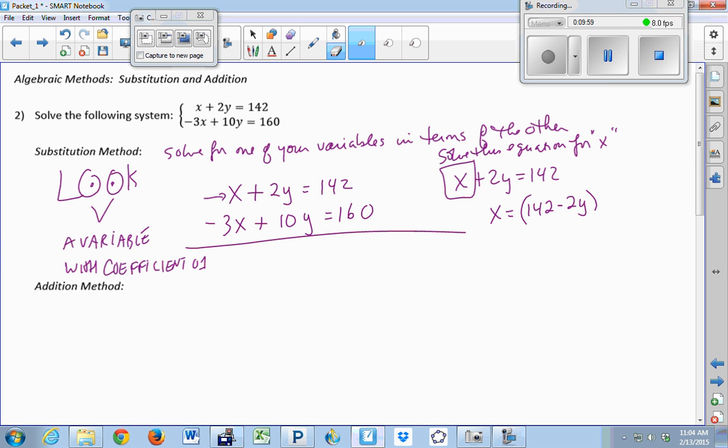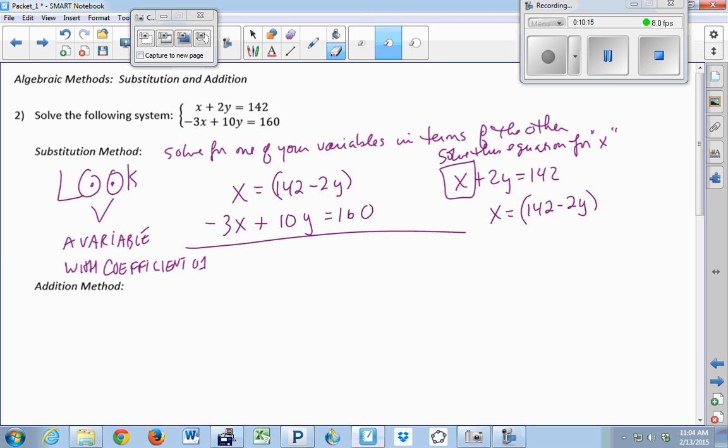So now instead of seeing this equation, you could literally just erase it and put in this equation, x equals 142 minus 2y. They're the same exact equation.